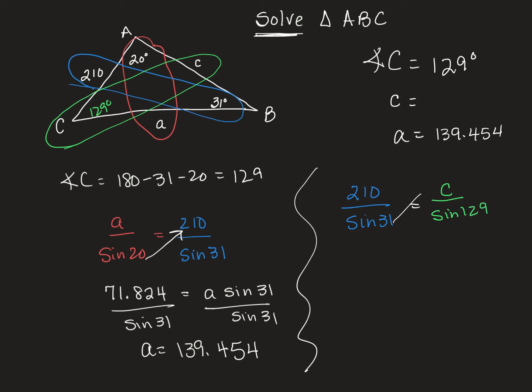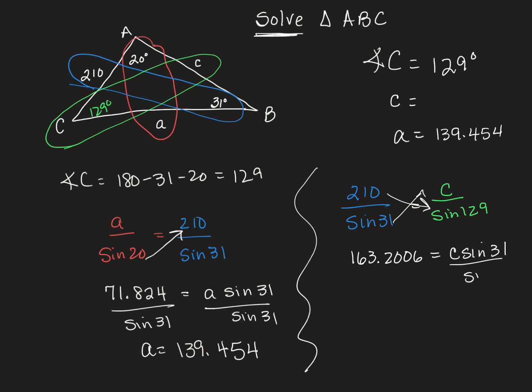Again, we're going to cross multiply and then divide. So 210 times sine of 129 is 163.2006, more or less, equal to c sine of 31.